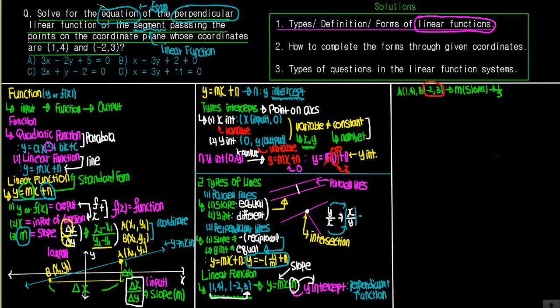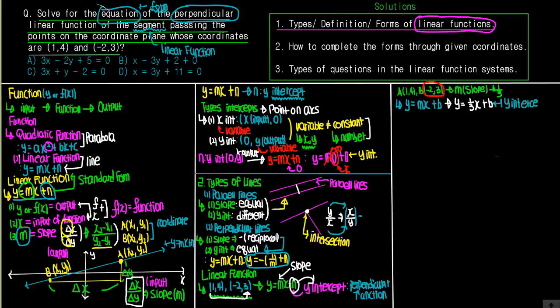From here, we can write y is equal to mx plus b, but instead of m, we apply our 1 over 3. So y is equal to 1 over 3 x plus b. We need to solve for our b value, which is our y-intercept.